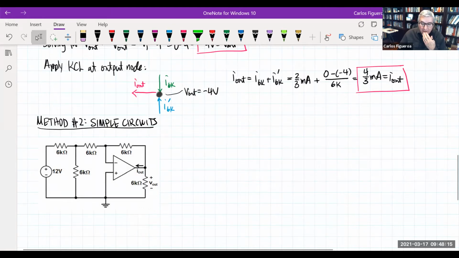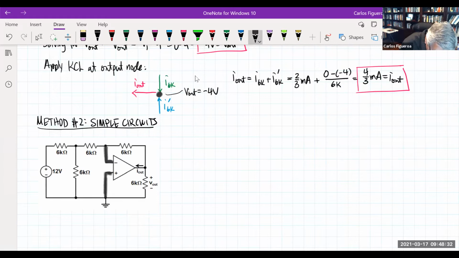The first thing that I note here, again, is that this guy here is ground, and this guy here is ground. So if this guy is ground, then I could use VDR right in here.